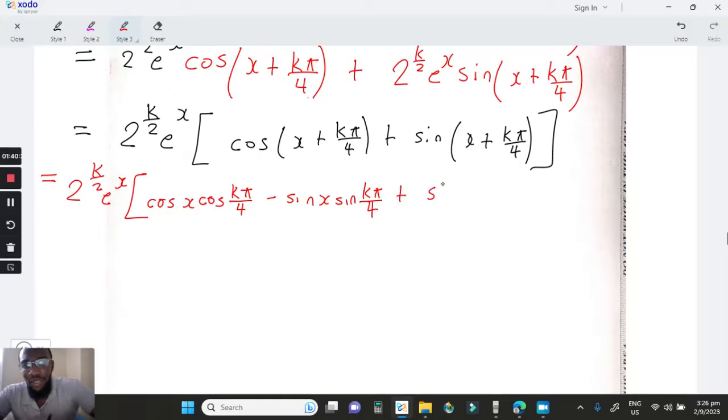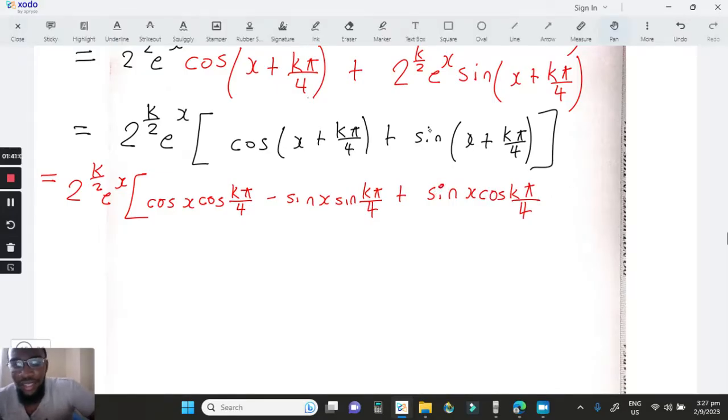This part is now sine x, cos. So guys, I don't know why, but the keyboard is disappearing when I write. And then it is sine A cos B plus cos A sine B.